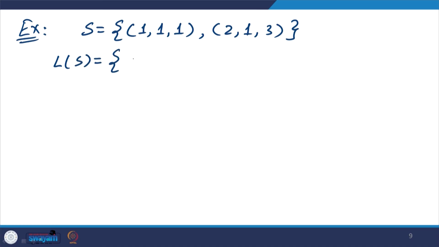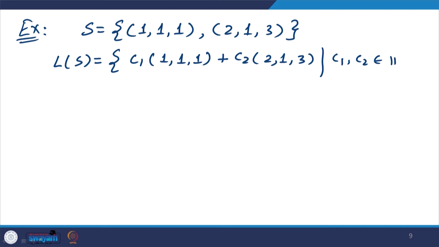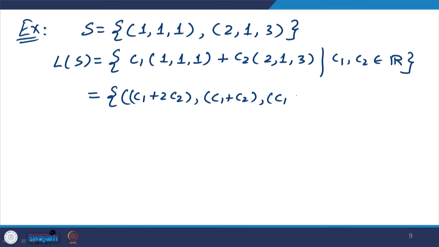Again I will take C 1 times (1, 1, 1) plus C2 times (2, 1, 3), and C1, C2 belong to R. So, this will be (C1 plus 2 C2, C1 plus C2, and C1 plus 3 C2), and C1, C2 belong to R.